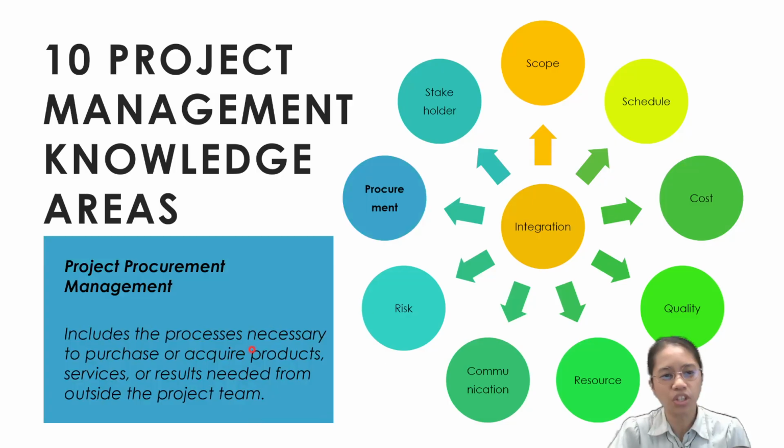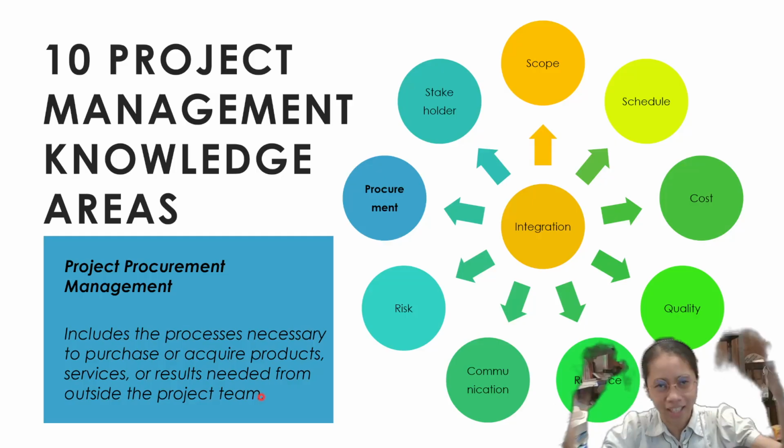Next, procurement. This includes the processes necessary to purchase or acquire products, services, or results needed from outside the project team. A while ago, we mentioned resources: materials, manpower, and equipment or tools. Procurement is the acquiring of these resources. Definitely, even if you can identify the resources, but you cannot acquire or procure them at the appropriate schedule, within the cost or the budget, and also in accordance with quality, you cannot put it in construction.